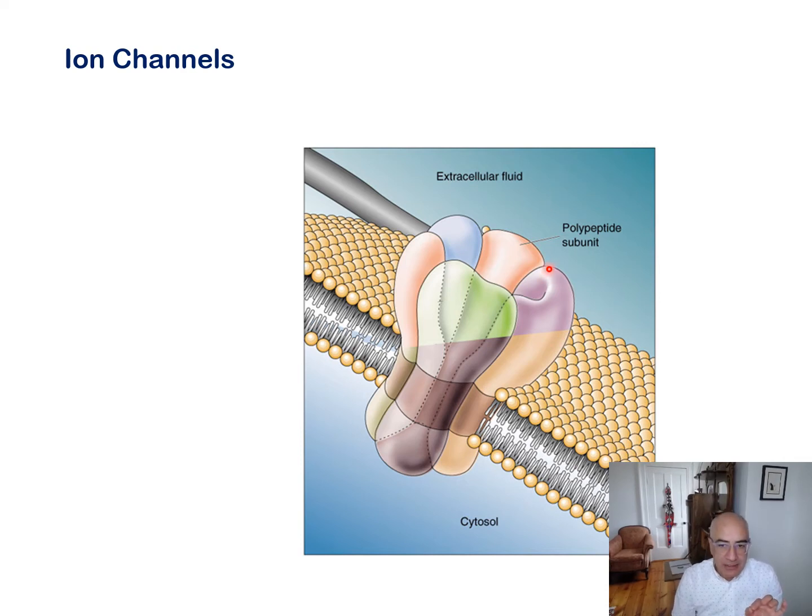The fact that there are subunits simply means that an ion channel is a complex protein that is composed of several different proteins that have arranged themselves into one big complex.